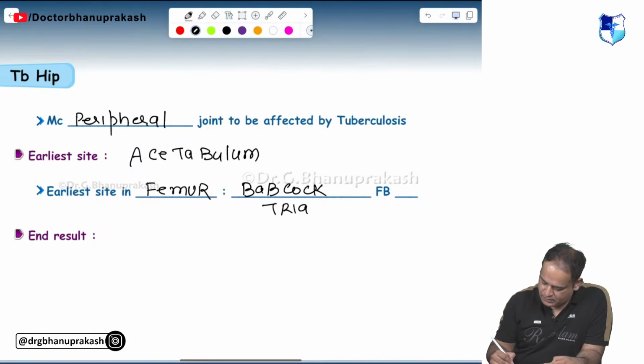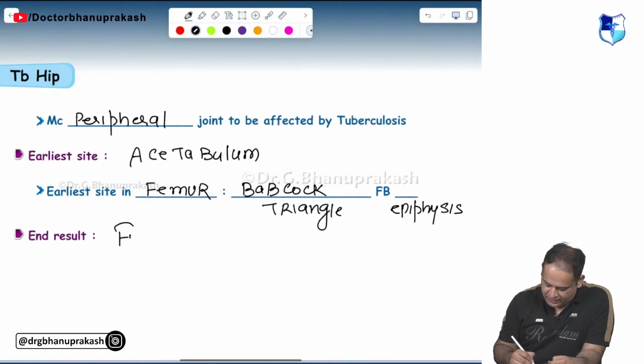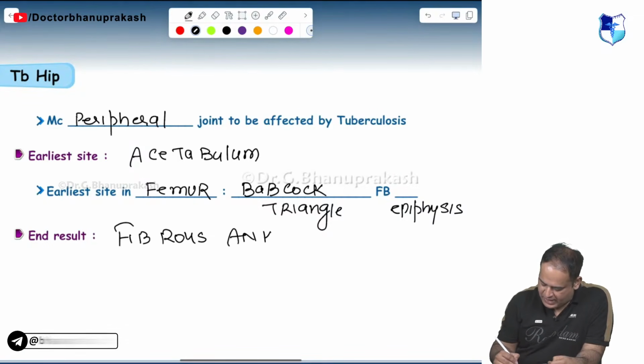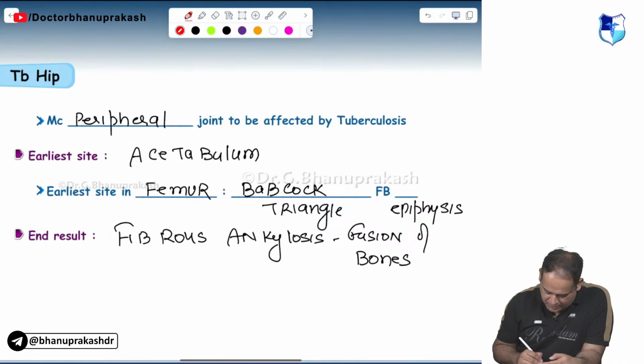Babcock triangle and epiphysis. End result, fibrous ankylosis, that is the fusion of bones, fibrous ankylosis.